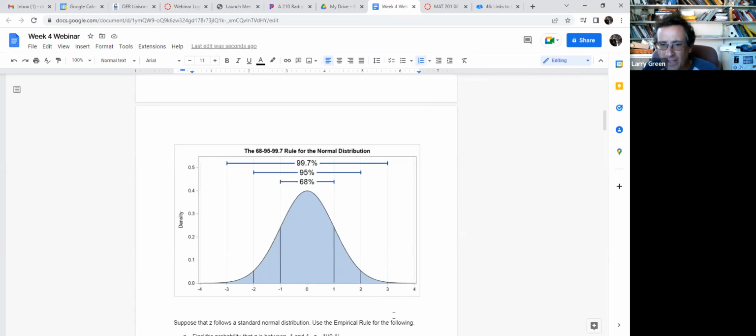But we don't want the two tails. We only want one of the tails. If you know two tails and you want to know one, what do we do with the area for the two tails to get only one tail? It's not supposed to be too hard. Divide by 2. So what we're going to do is take the 1 minus 0.997 and divide by 2.